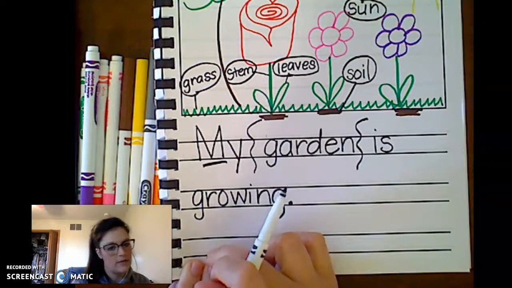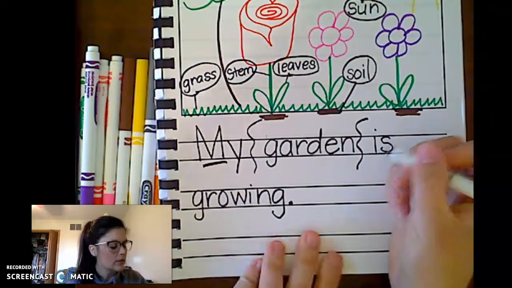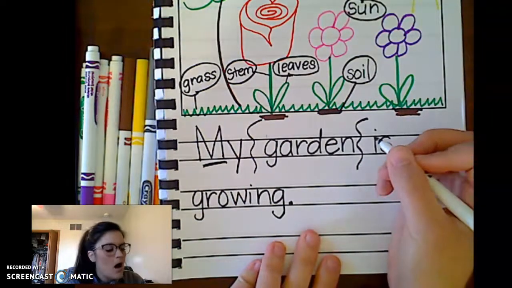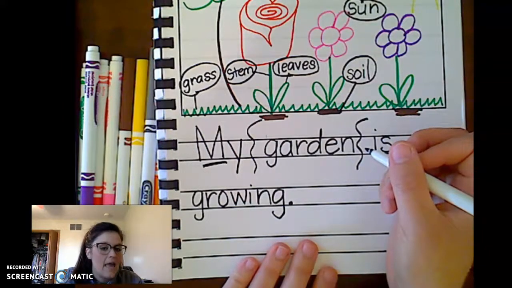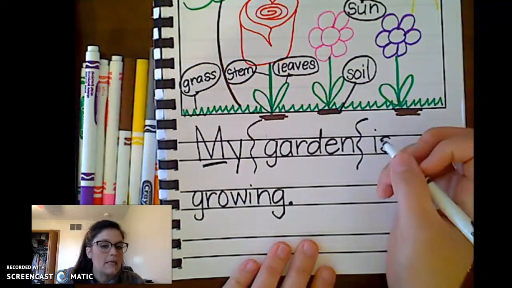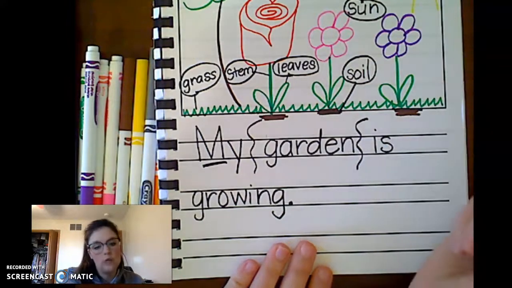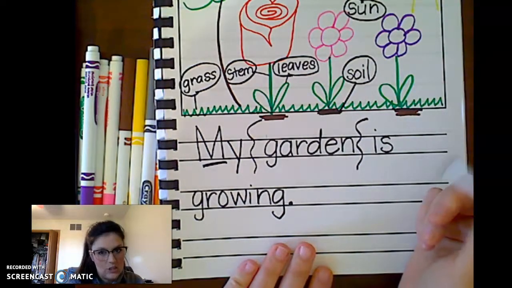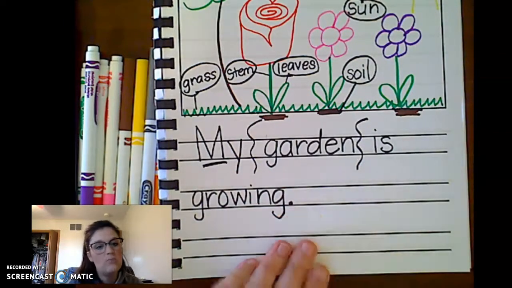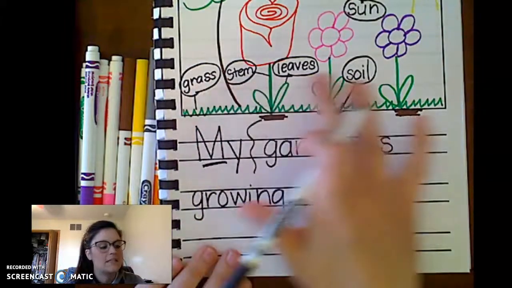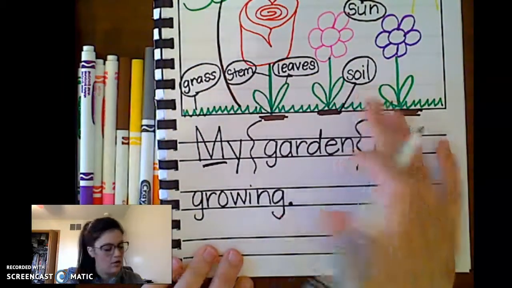We don't go down to the next line, okay? So here we go. I want you to do this with me. I'm going to say, my garden has a rose and flower growing in it. Do you see how I expanded this simple sentence to a bigger sentence that has a lot more detail in it, okay?